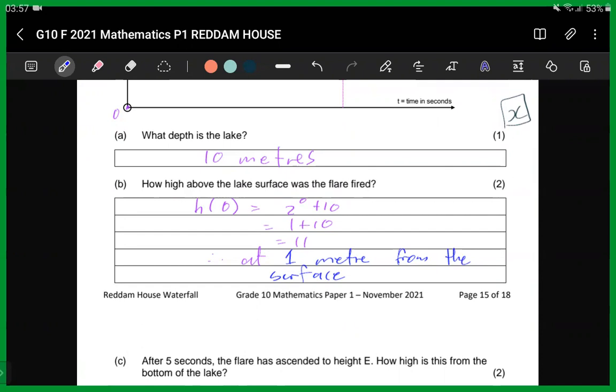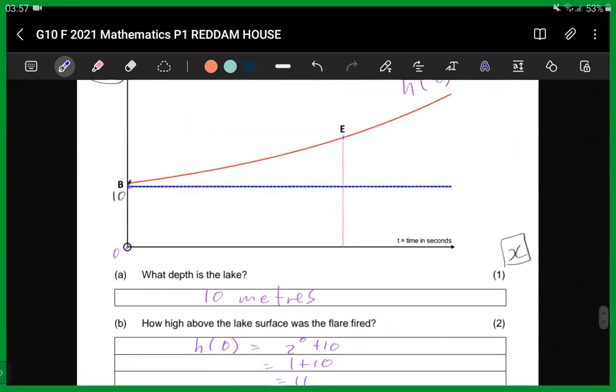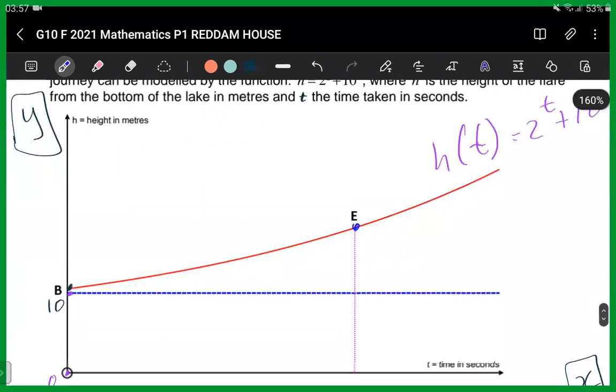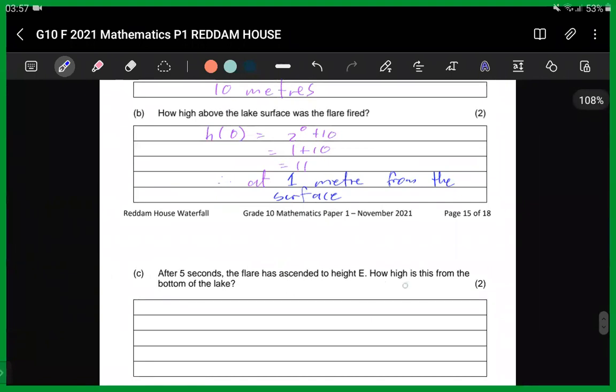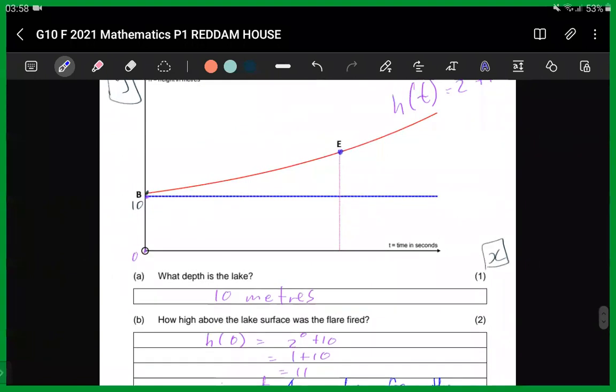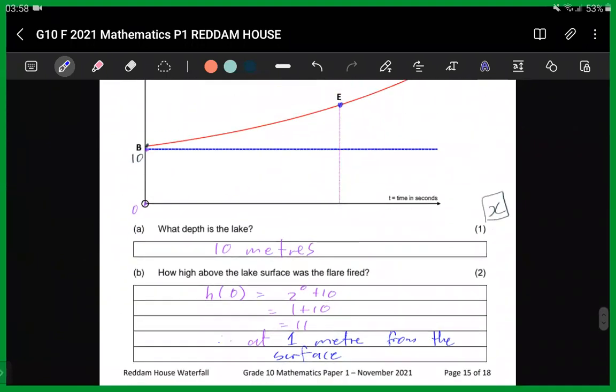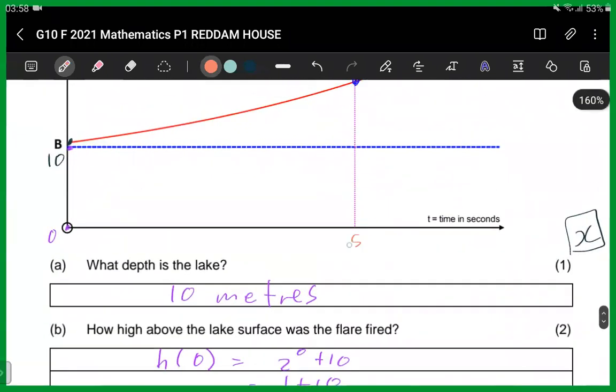So let's keep things moving. It says here, after 5 seconds, the flare has ascended to height E. There you go, height E. And then they said, how high is this from the bottom of the lake? Well, the fortunate thing is they told us that it's after 5 seconds.